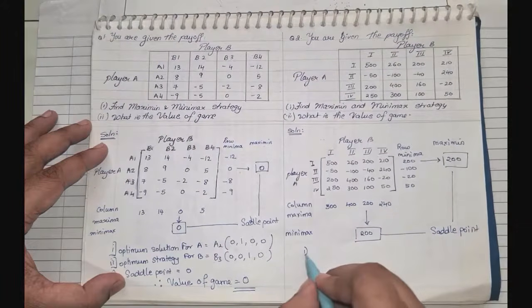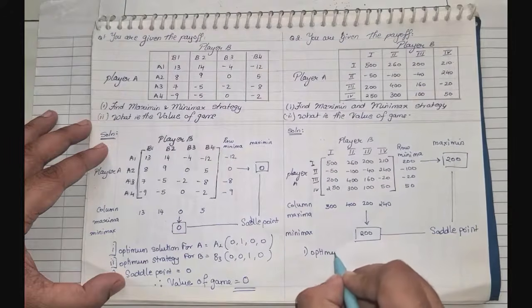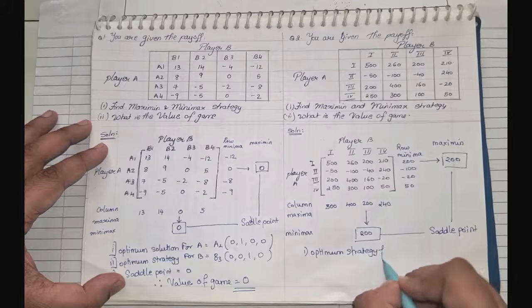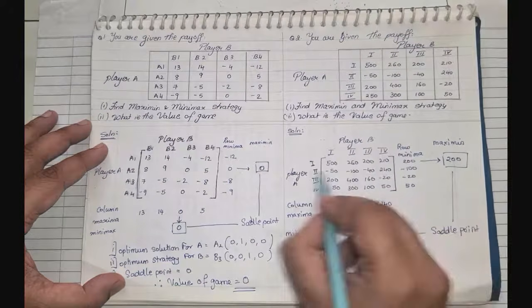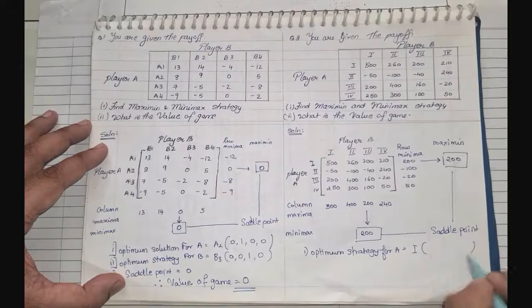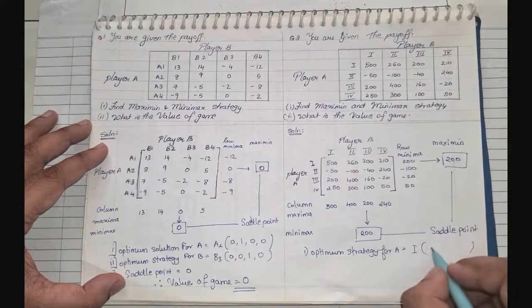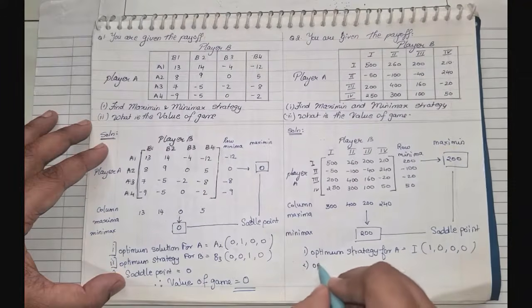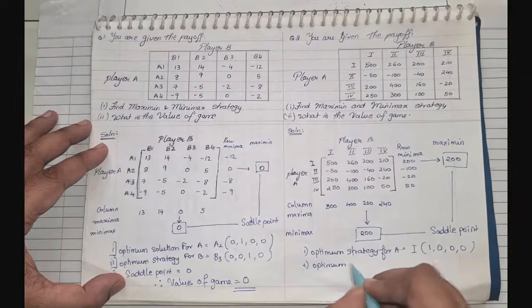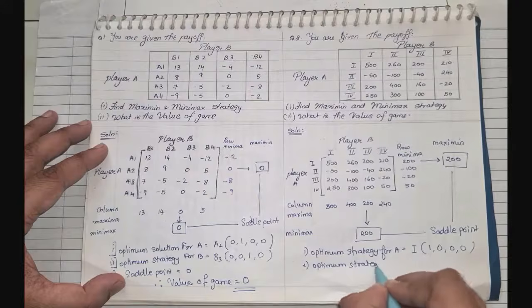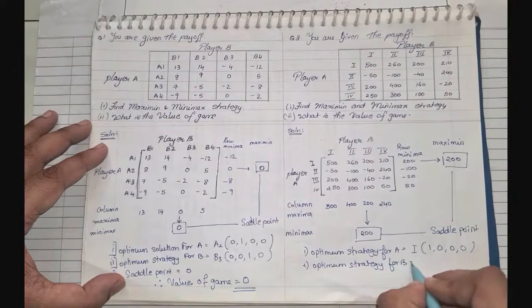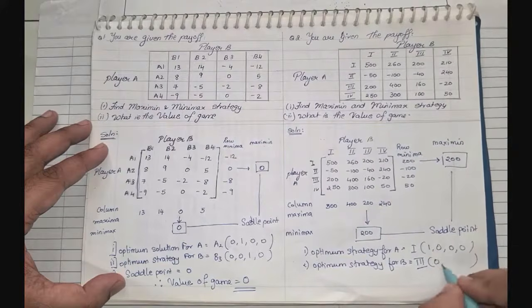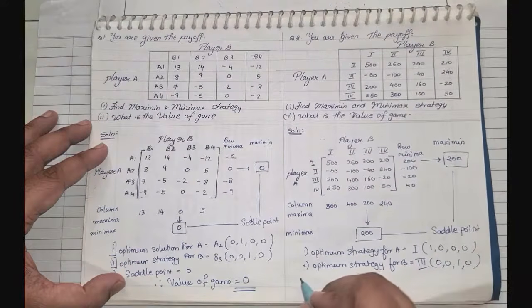Once I get that, number 1, the optimum strategy for player A was the first one, so the strategy will be 1 0 0 0. Similarly, the optimum strategy for B was the third one, so it will be 0 0 1 0.